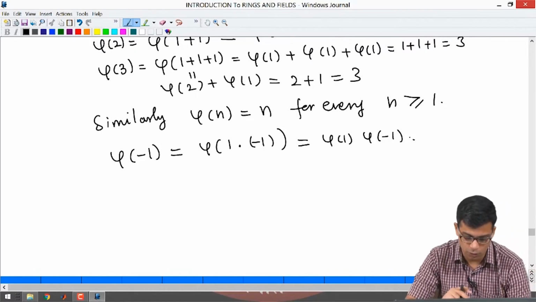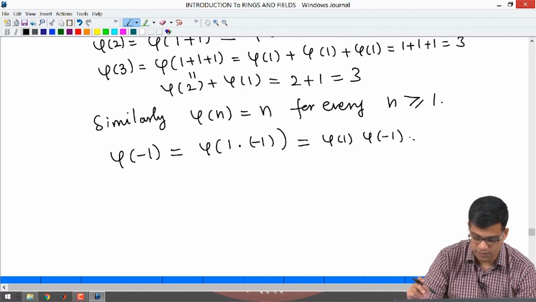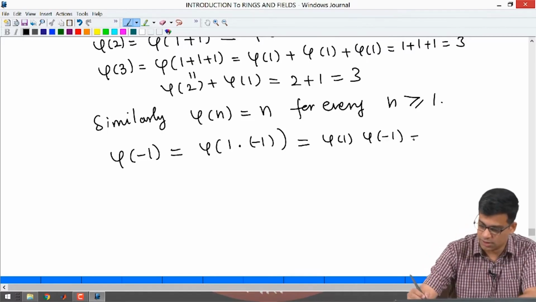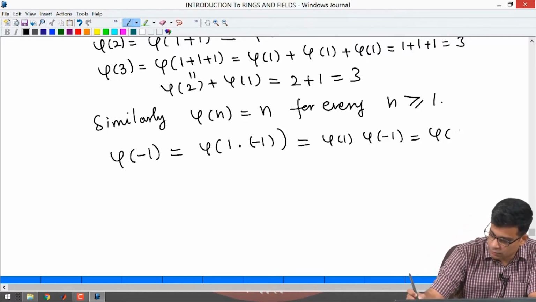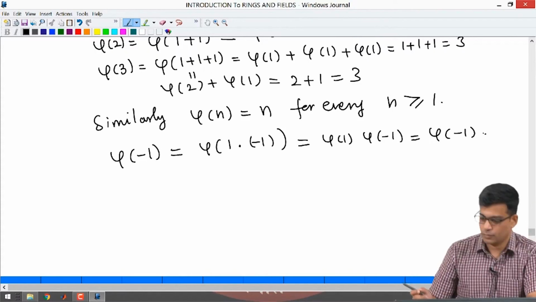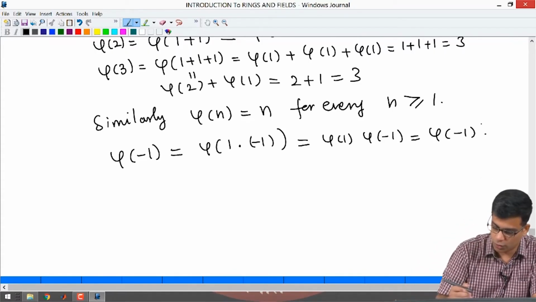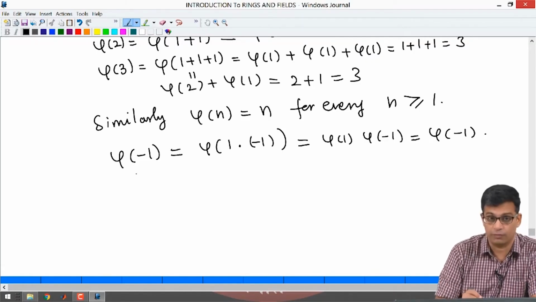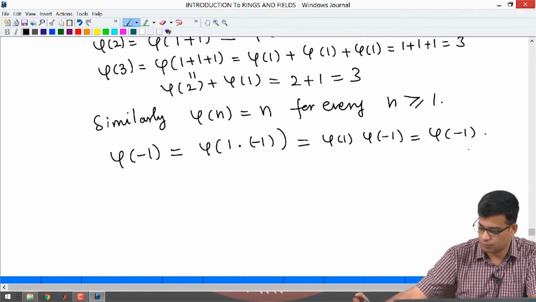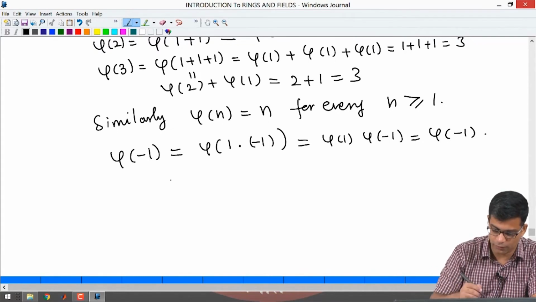Okay. So, this tells me nothing actually. This is just phi of minus 1. So, this is actually not useful in order to compute phi of minus 1, because phi of minus 1 is phi of minus 1. There is no information that we have.